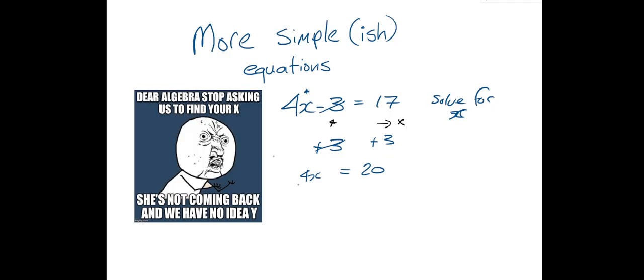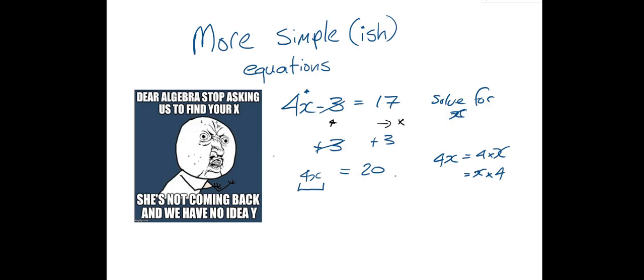What do we need to get rid of in this term here, which is not x? Well, this is 4x, which is the same as 4 times x, which is the same as x times 4.